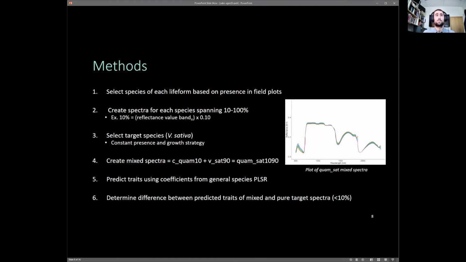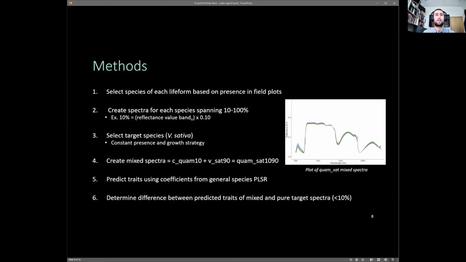Within this analysis and in the initial results that I'll show you, you'll see a herb, 2 herbs, a shrub, and a grass, and it's all compared to the target species Vicia sativa. Vicia sativa was present in every single field plot, and its growth strategy is quite interesting, as it's a legume that spirals and climbs up.